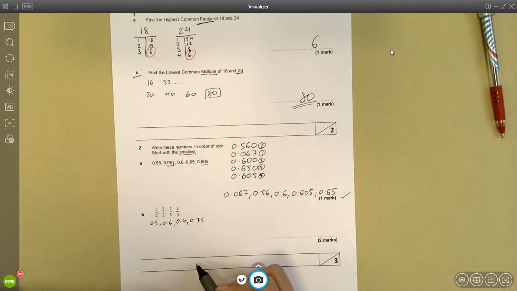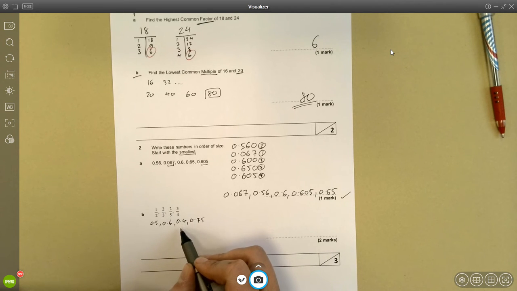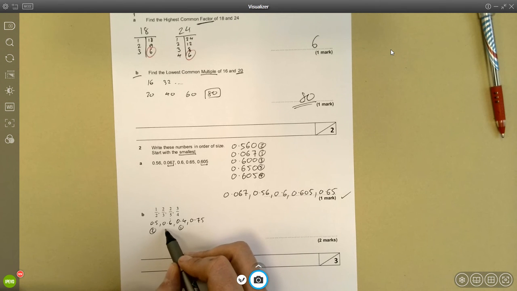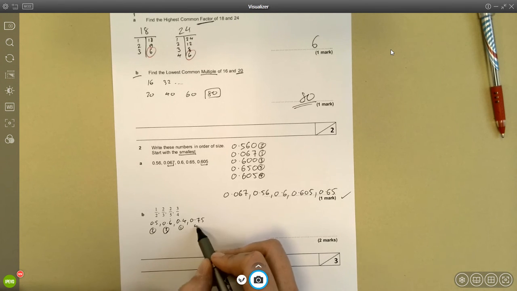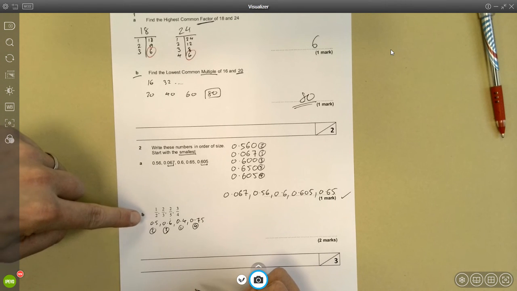So we can actually put these in size order. The smallest one here, so that's 0.4 first. Second one, we've got to do 0.5, 0.6 recurring, and 0.75.